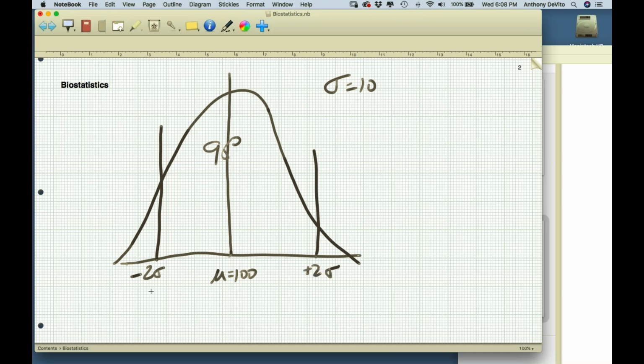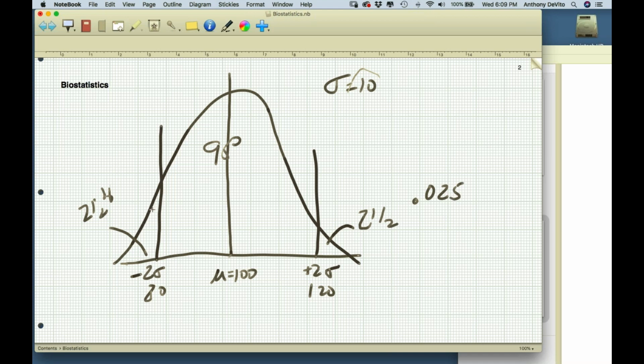In other words, between 80 and 120 in this case, since sigma is 10, right? Well, that would leave 2.5% here and 2.5% here. Or as we were just talking about before, I could define that as 0.025. Same thing as 2.5%.